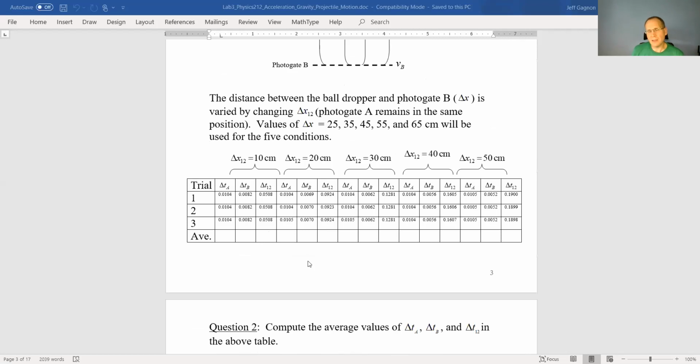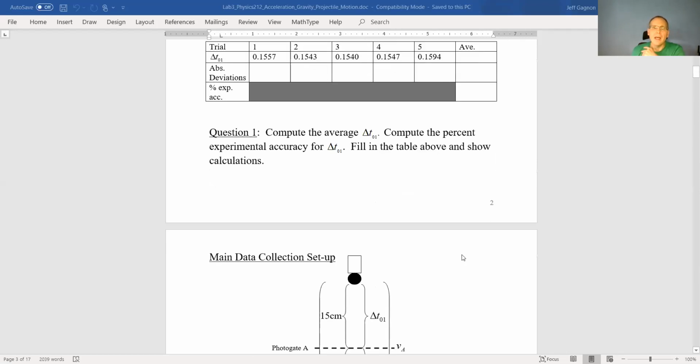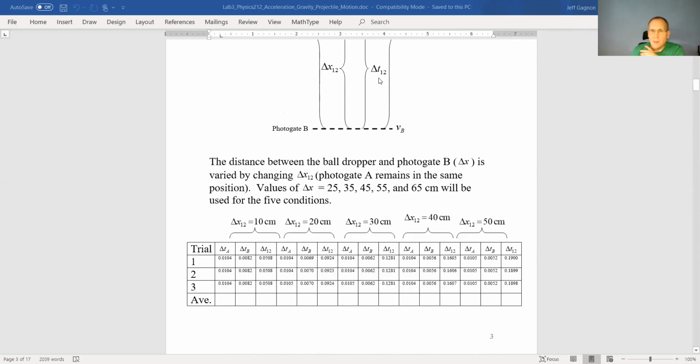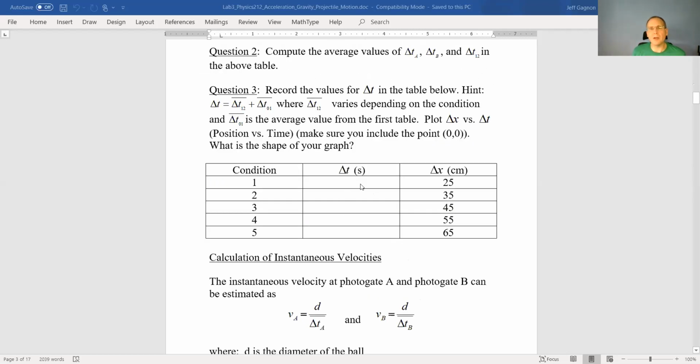Then if I want delta T for the second condition, I'm going to take the same value, the time for the first 15 centimeters, so that'll be the same for all these cases. And now I need to add the delta T12 that corresponds to the second condition, this average, and so on. So that'll give you the total time from the ball dropper to the second photogate, to photogate B.